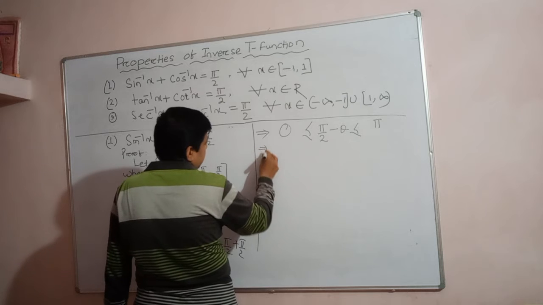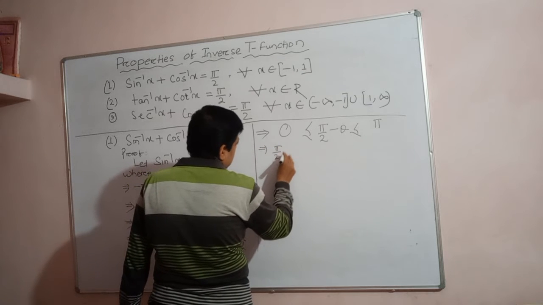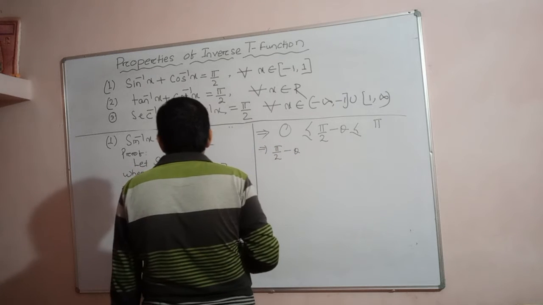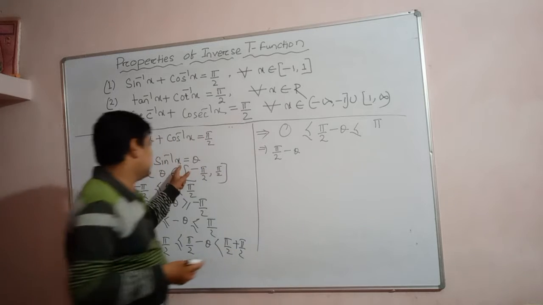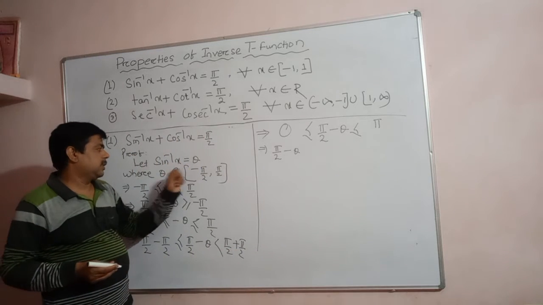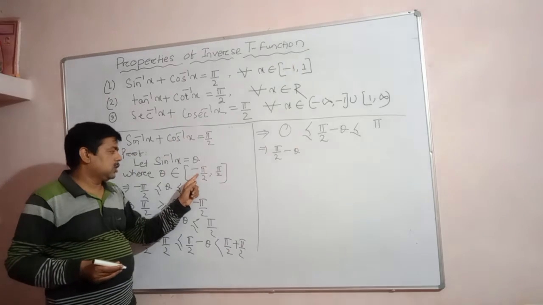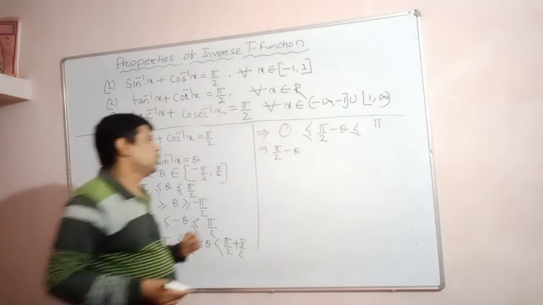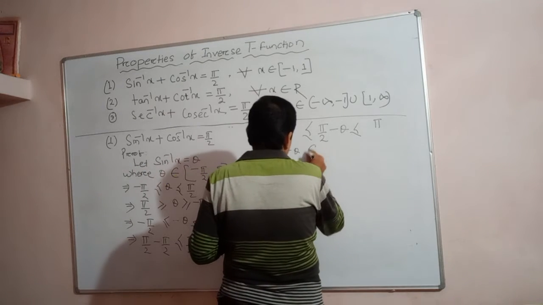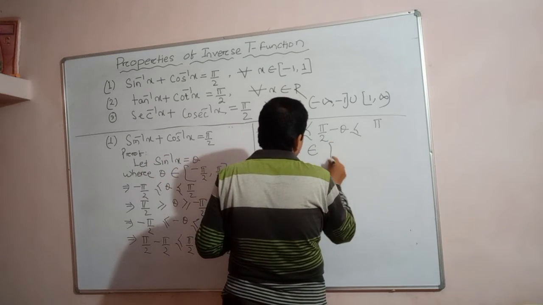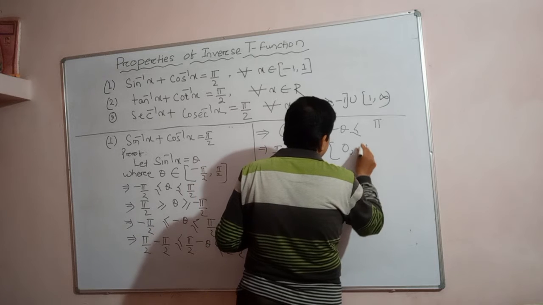So that implies pi by 2 minus theta: if sine inverse of x is equal to theta, where theta lies in the closed interval minus pi by 2 to plus pi by 2, then pi by 2 minus theta must belong to the closed interval 0 to pi.